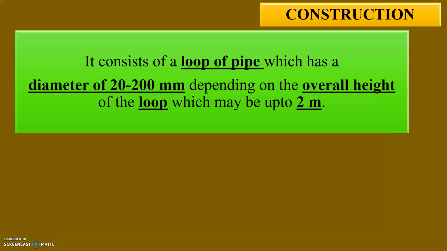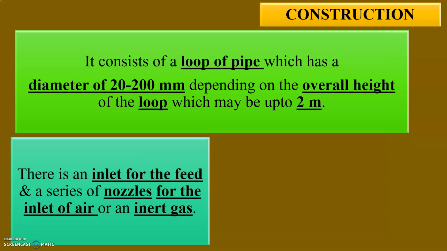Now let us see the construction of fluid energy mill. It consists of a loop of pipe which has a diameter of 20 to 200 mm depending on the overall height of the loop, which may be up to 2 meters.